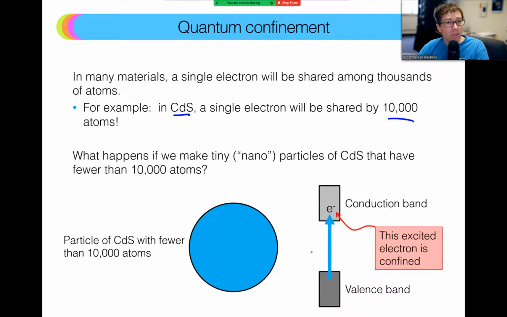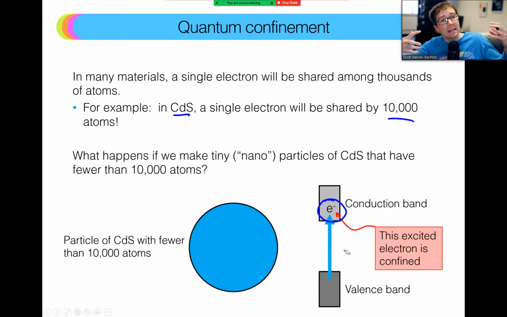The way that we think about this is specifically in terms of the electron that is in the conduction band. So when we take light and we excite an electron from the valence band up to the conduction band, that electron in the conduction band we will talk about now as having that physical size that allows it to be shared by 10,000 atoms. But wait, it can't. It's on too small of a particle, it's confined.